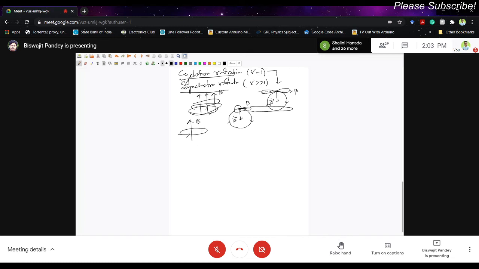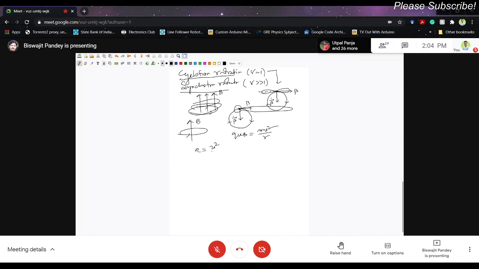In this case, the force acting is the Lorentz force, right? There is no electric field here, only magnetic field. So q v cross B, and v and B are, say, orthogonal. So the force acting is q v B, which is balanced by the centripetal force m v square by r. So the acceleration a is simply v square by r, which is q v B by m, right?